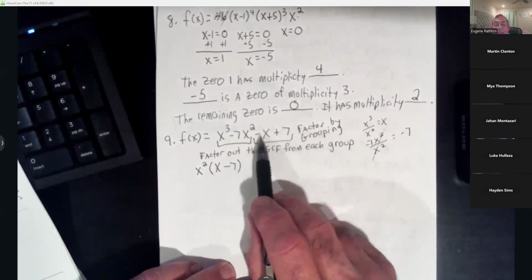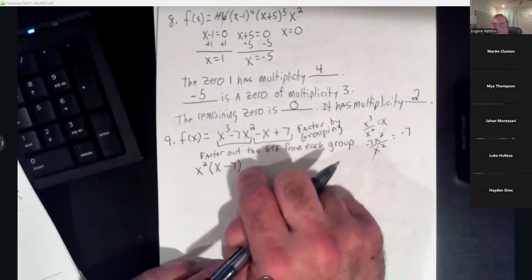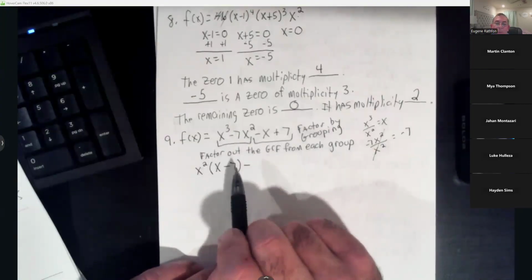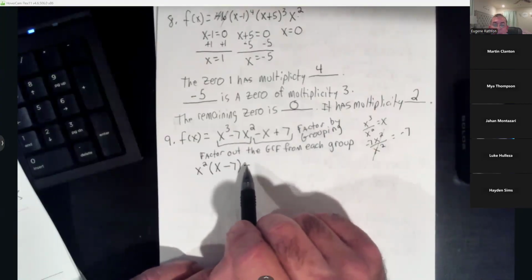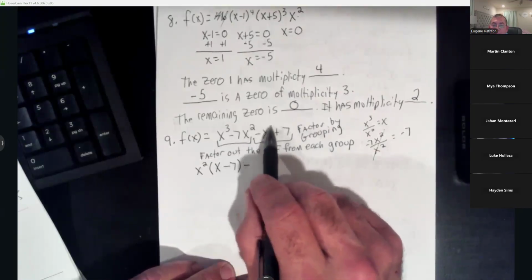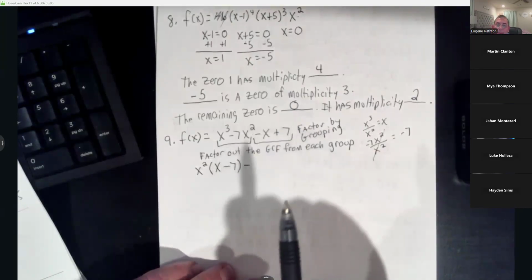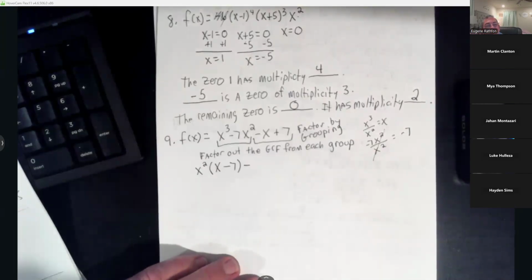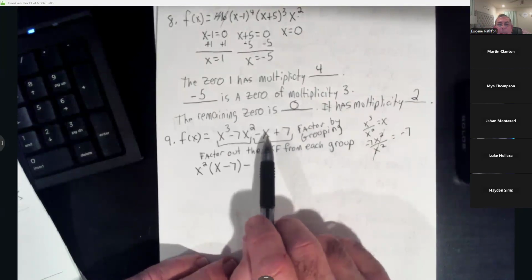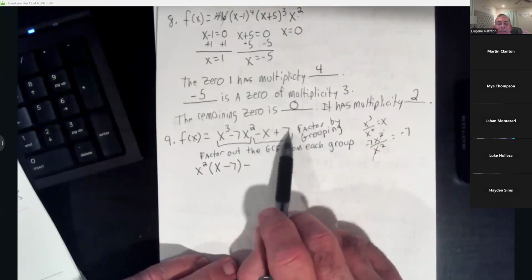Now, the second GCF. Since this third term is negative, the second GCF will be negative. Okay? So remember that. The second GCF always has the same sign as this third term here. So what is the only common factor that I can divide out of a negative x and a 7?